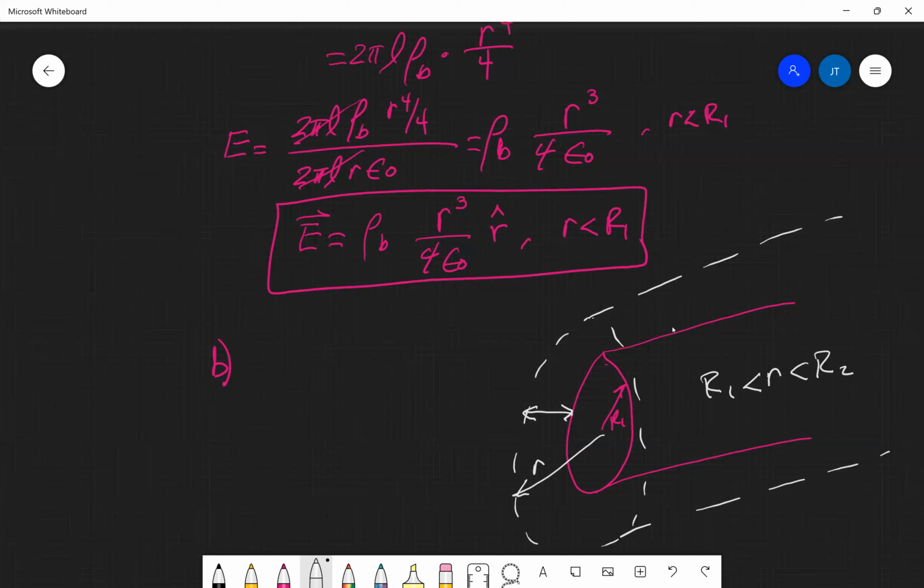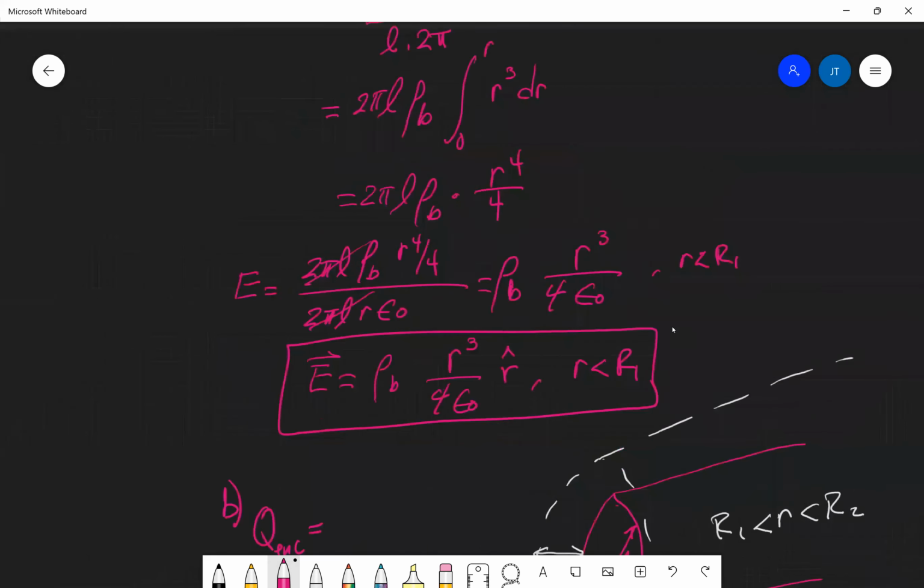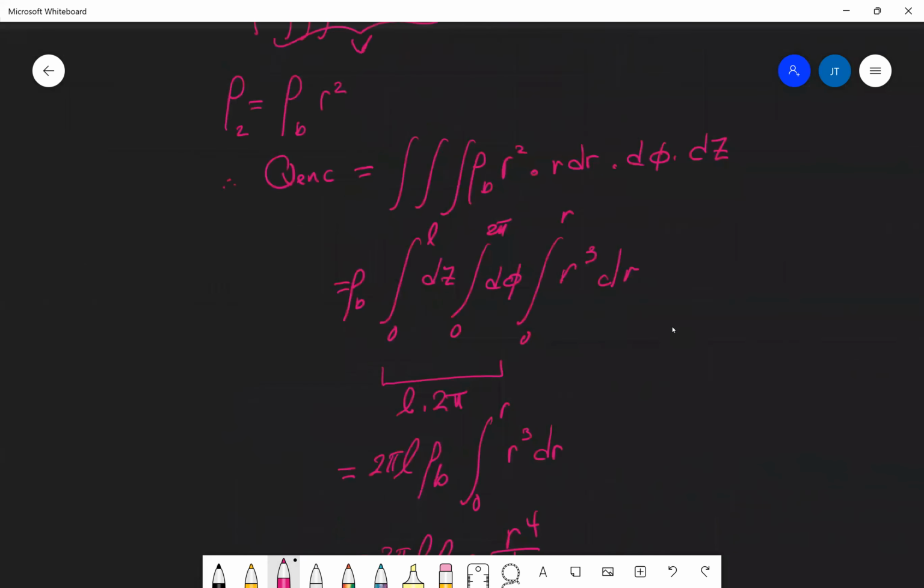So now my Q enclosed is what? Again, I'm going to take these three out. We're still working with rho b because we're talking about the inside cylinder.